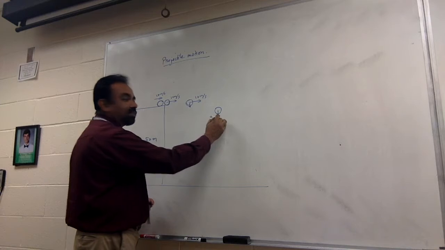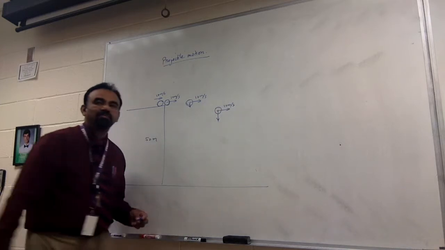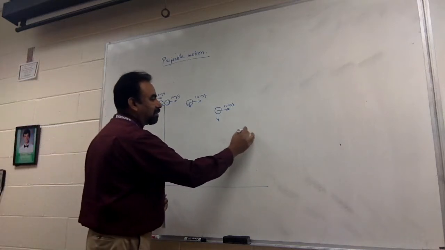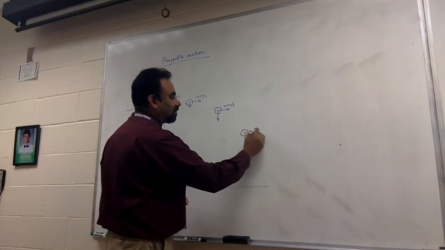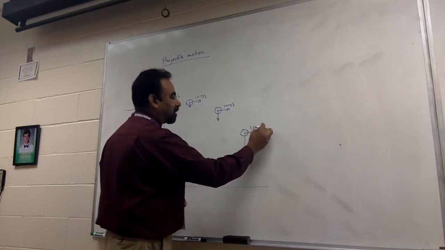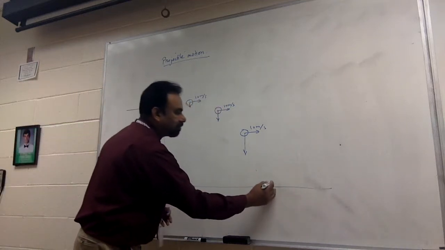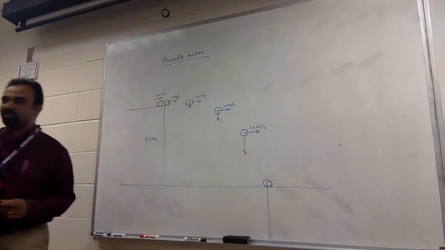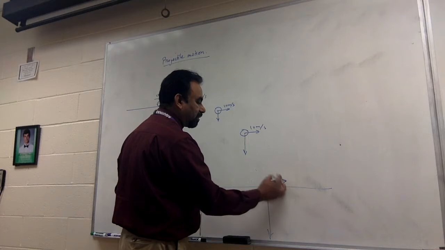It's moving faster downwards, while horizontally it is 10 meters per second. After some more time, vertically it's moving still faster, but horizontally it's still 10 meters per second. After some more time, it's moving at a good vertical speed, and horizontally it's still moving at 10 meters per second.